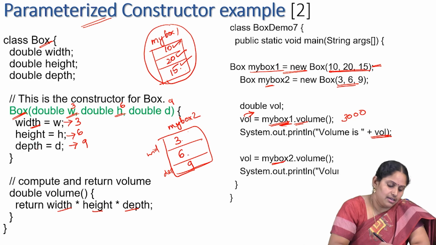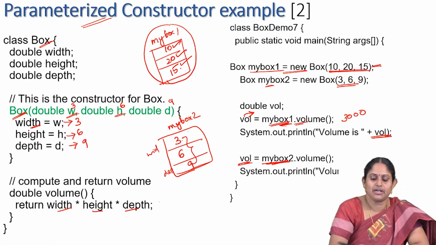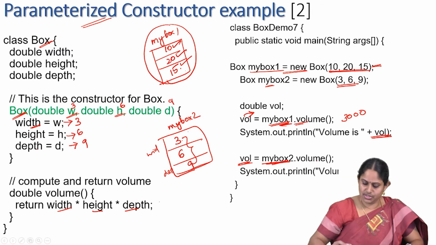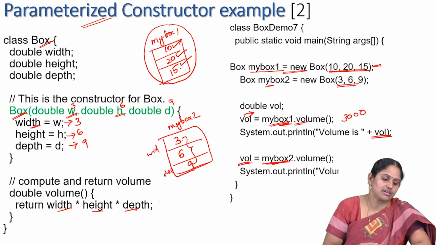Similarly, 3 into 6 into 9: when volume is called over mybox 2, the product of these numbers is calculated and stored into volume and displayed over here. So this is how a parameterized constructor works.